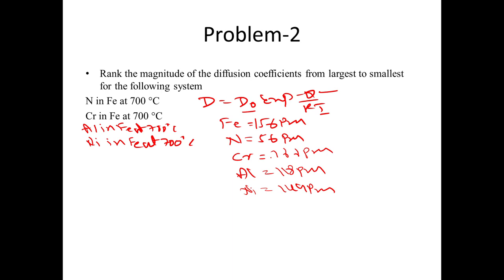So instead of the diffusion coefficient value, it is difficult to determine it here because we don't know the value of D as well as the Q value.